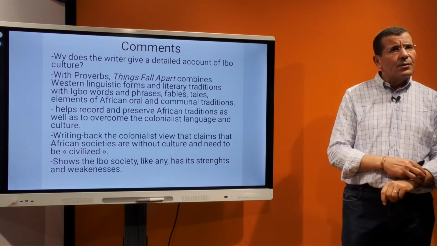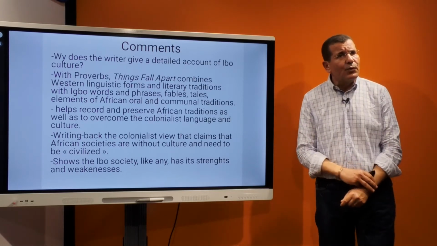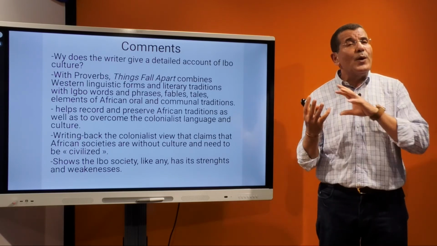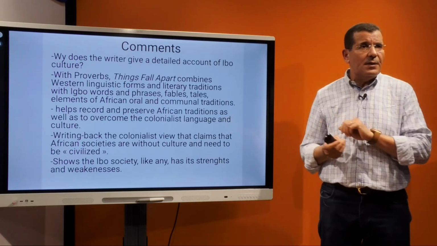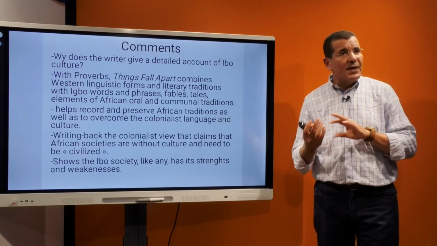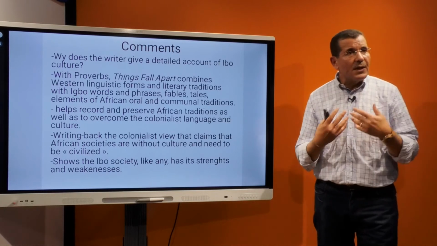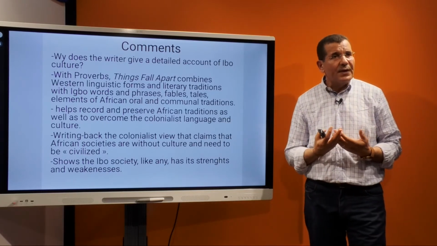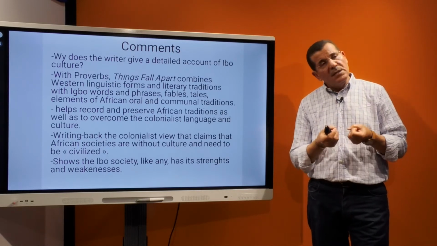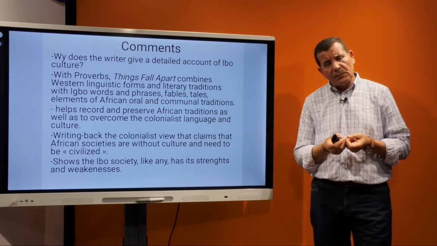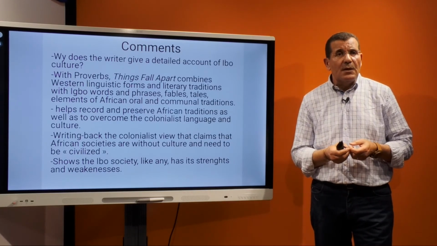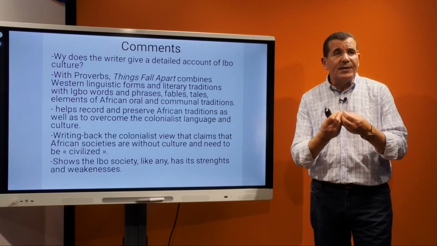Why does the writer give a detailed account of Igbo culture? With proverbs, Achebe combines Western linguistic forms and literary traditions with Igbo words and phrases, fables, tales, and elements of African oral and communal traditions. And as I said, because in the African tradition all the relations or the culture was oral, the importance of orality.